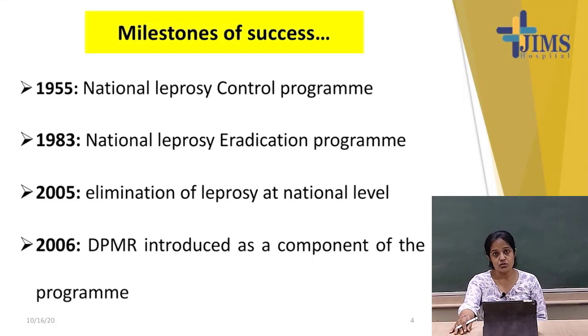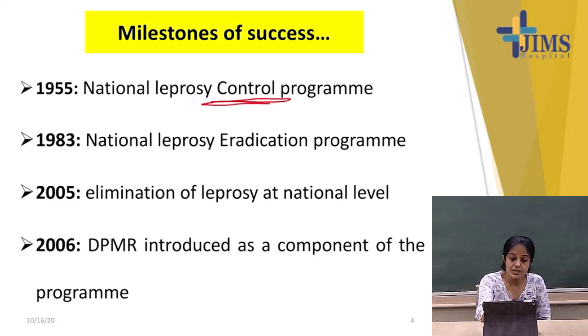As we have all read, leprosy is one of the most ancient diseases. In 1955, near about eight years after independence, the National Leprosy Control Program was launched. Why was it a control program? Because till then leprosy was a public health problem, and the primary aim was to make it no longer a public health problem. So at that point of time, the program was a control program.